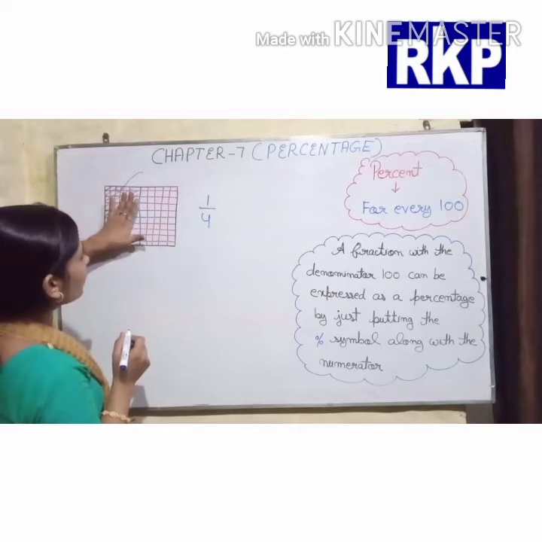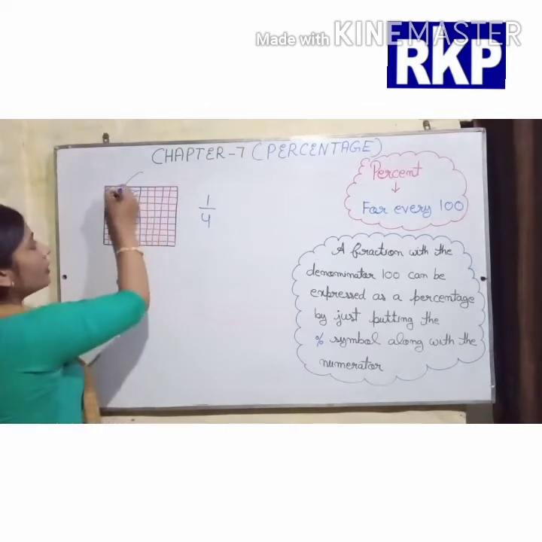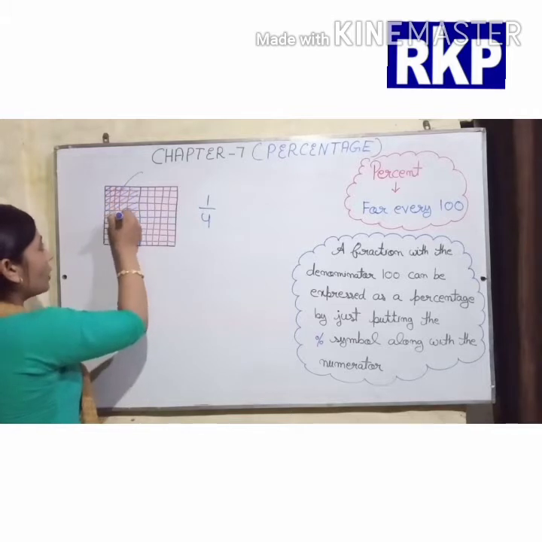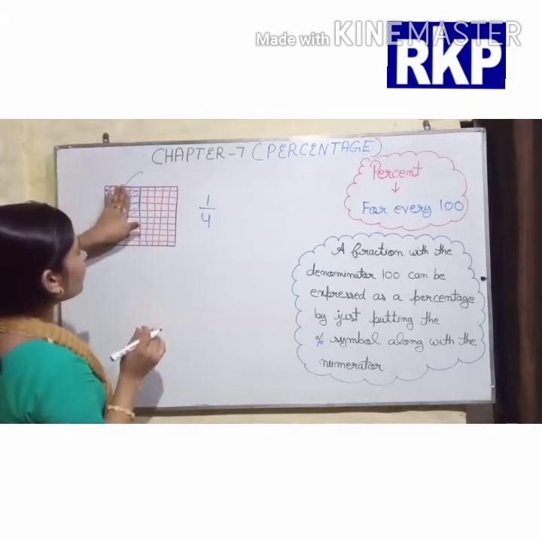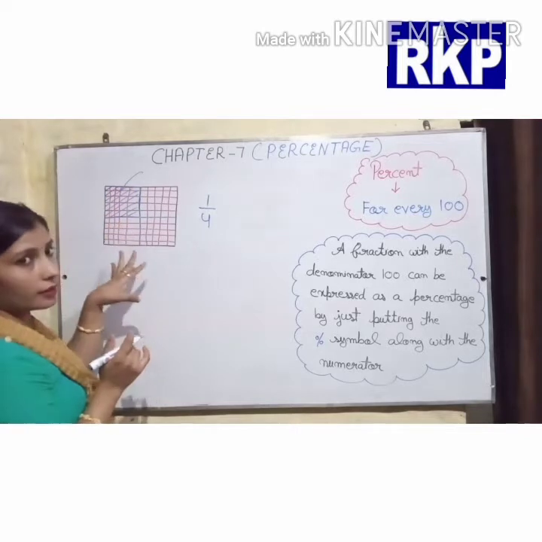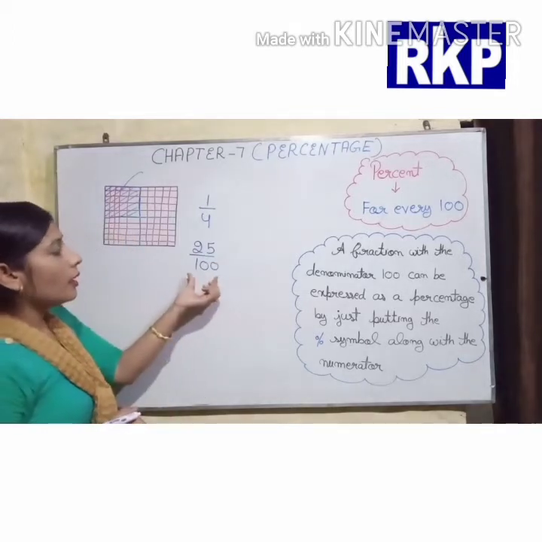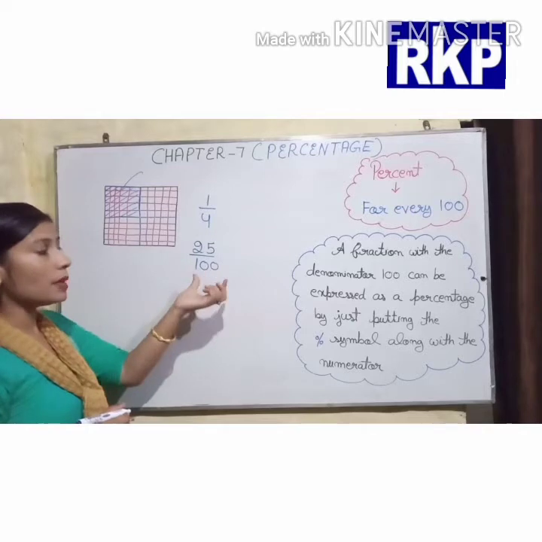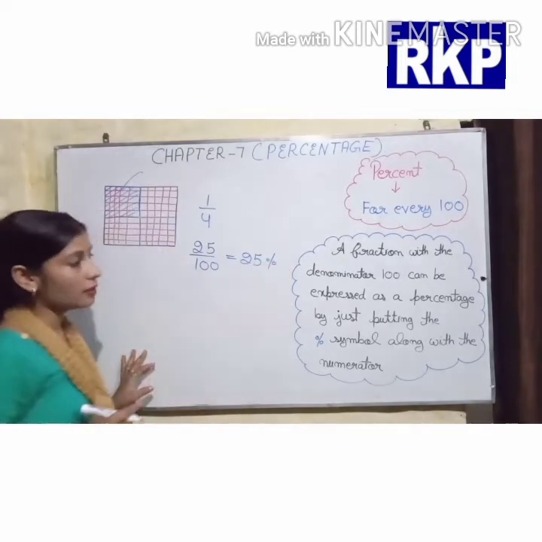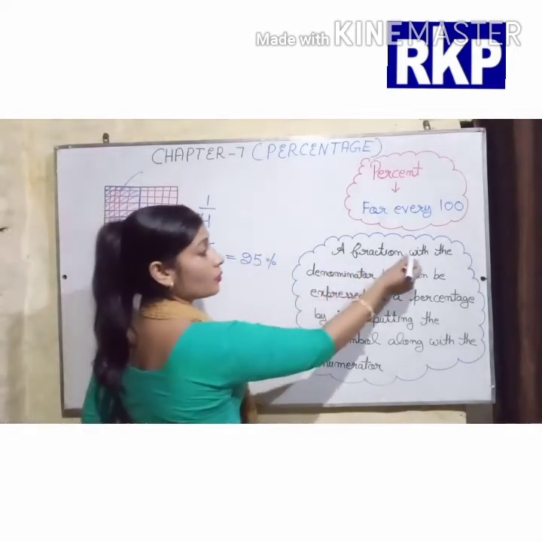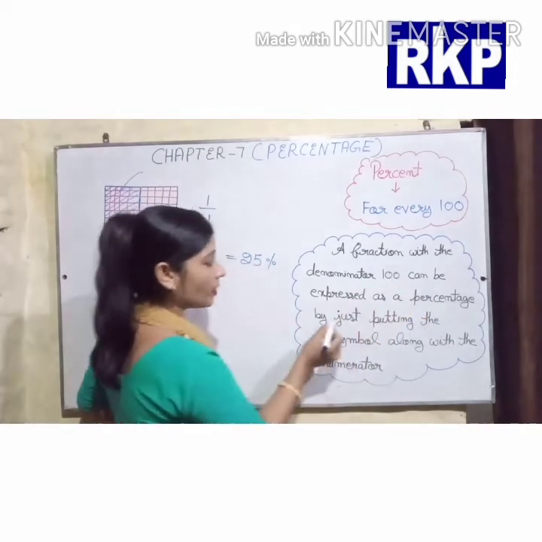If a total of 100 parts are there, then you are eating this portion, means you will eat 25 parts out of 100. 25 out of 100. So 25 by 100 means 25%.